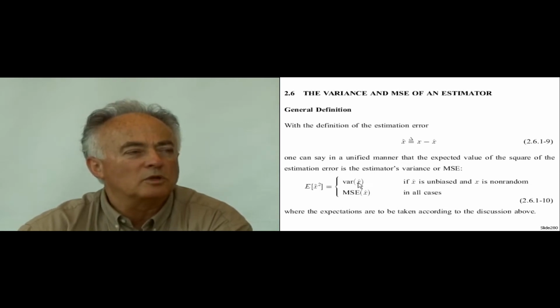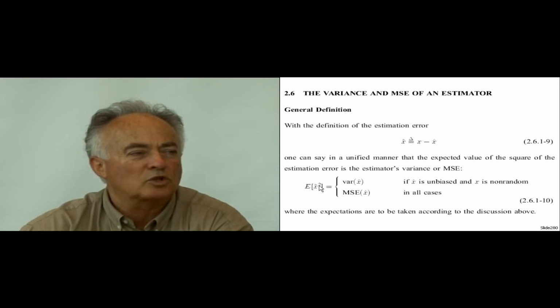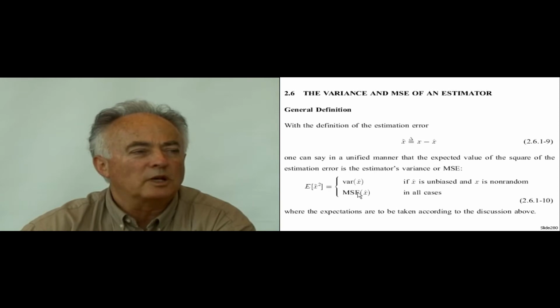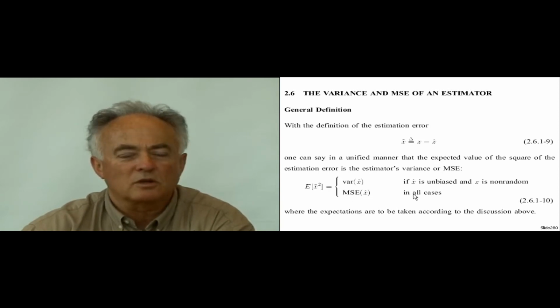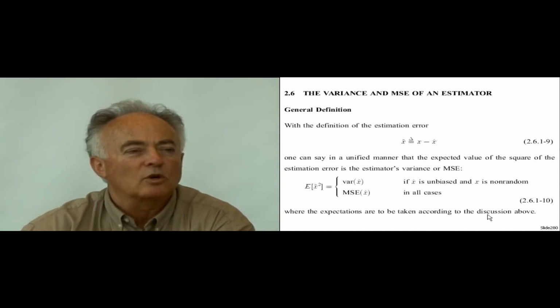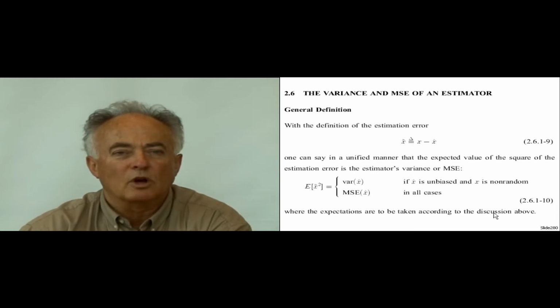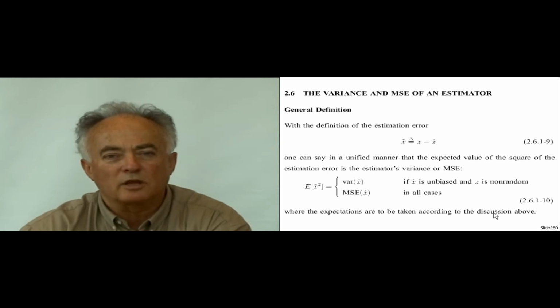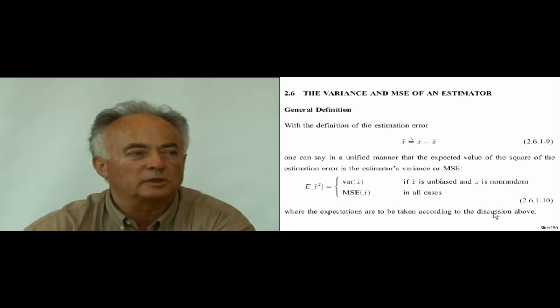The expected value of the error squared, x tilde squared, will be the variance. Otherwise, it will be the mean square error of x hat, and this does include the biased situations. And the expectations are to be taken over the measurements if it's a non-random parameter, and over the measurements and the parameter if it is a random parameter.